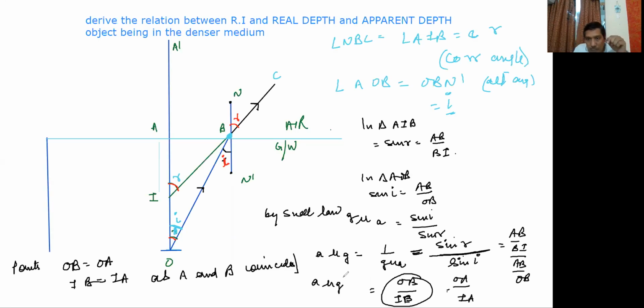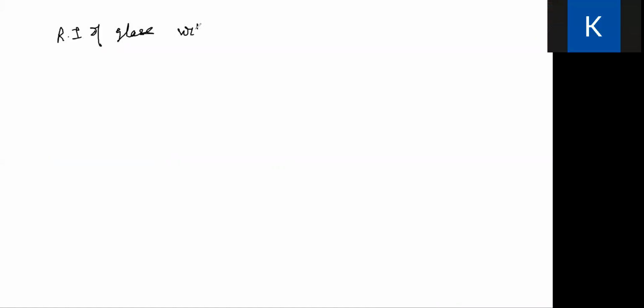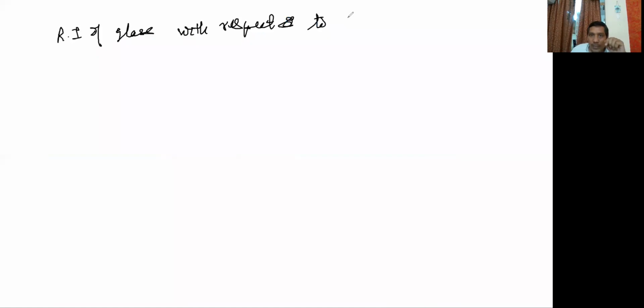So I am now finding the refractive index of the denser medium with respect to the rare medium. If you see it here, it was A mu G. What does A mu G represent? It represents the RI of glass with respect to air.